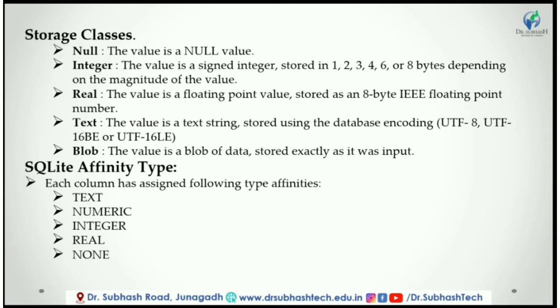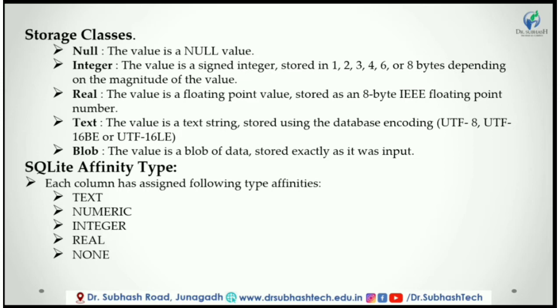Next is text. The value is a text string stored using the database encoding UTF-8, UTF-16BE or UTF-16LE. Next is blob. The value is a blob of data stored exactly as it was input.